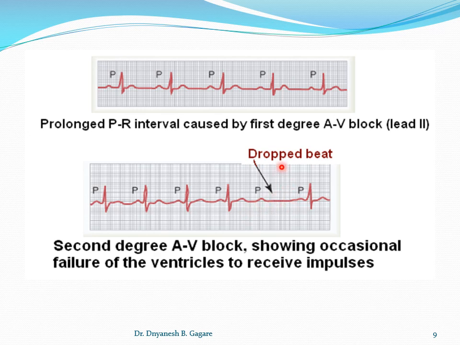So here one ventricular beat is dropped. A dropped beat means for two P waves there is one ventricular contraction. So we can say that it is a 2:1 combination, and this is an example of incomplete heart block.